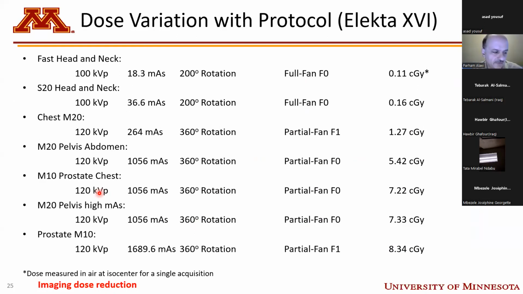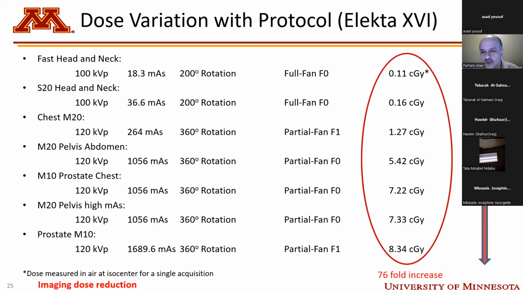This is an example of the Elekta XVI. I don't think they've changed a whole lot with the Versa units, but these are all the different imaging protocols that come with the unit, going from fast head and neck, which is the lowest dose, to prostate M10, which is the highest dose. And these are measured at the isocenter for a single fraction. These are not patient doses. I'm presenting this as a relative measure of how the imaging dose varies by protocol usage.